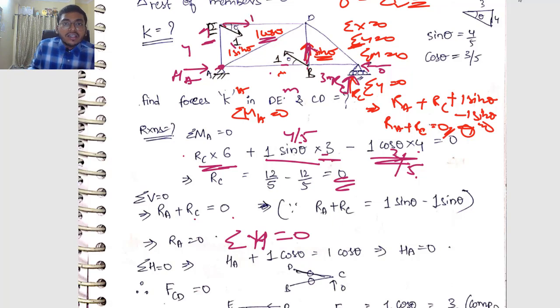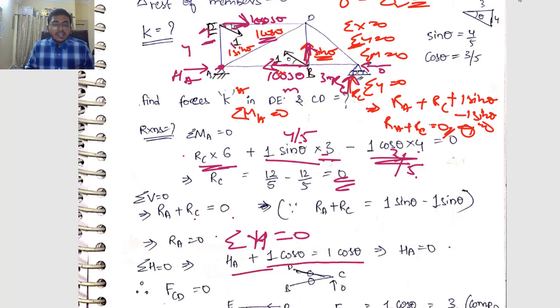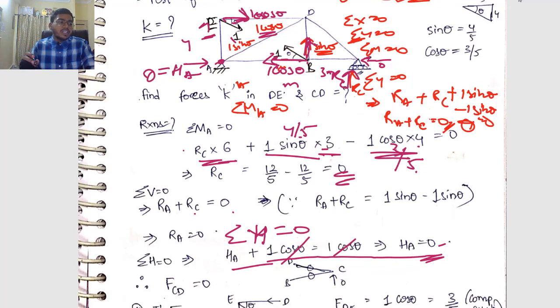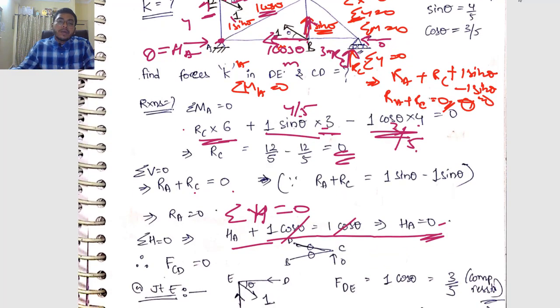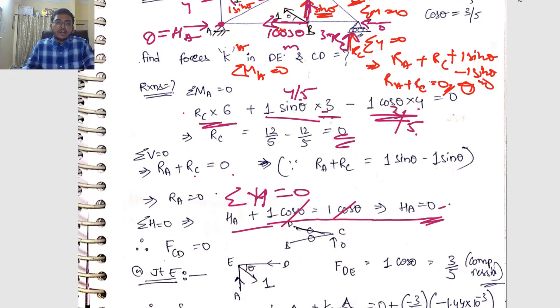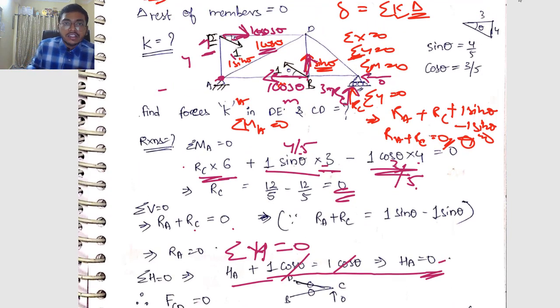Here I got 1 cos theta horizontal component because of the external load, and here also I got 1 cos theta horizontal component because of the external load. Both are in opposite direction, so they cancel. HA plus 1 cos theta minus 1 cos theta equals 0. So 1 cos theta gets cancelled, and HA equals 0. If you want, you can find it, or no need also, because for this question it is not needed. For some other questions it might be needed, so I have calculated. So I got all the external reactions.